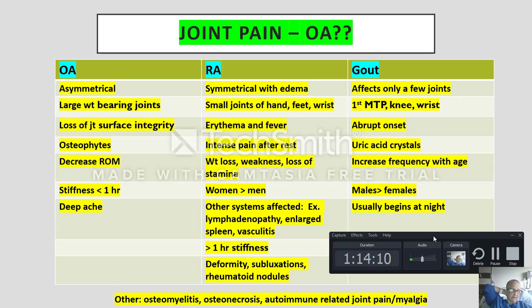Those with osteoarthritis, large weight-bearing joints will be affected, like hips and knees. With rheumatoid arthritis, the small joints of the hands, feet, and wrists. With osteo, loss of joint surface integrity, osteophytes, decreased range of motion.